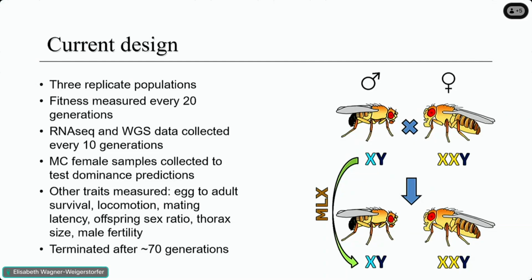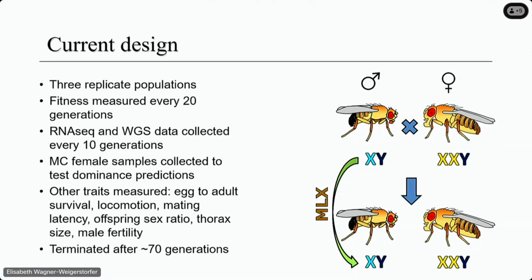So we included the so-called recombination box that Bill Rice had when he originally developed these type of experiments, where 10% of the population in the MLX flies are moved into this sort of recombination box where X's can go into females and recombine in female bodies and then be moved back into the population. And that seems to be sufficient to avoid a lot of hitchhiking effects, at least. Not necessarily everything.